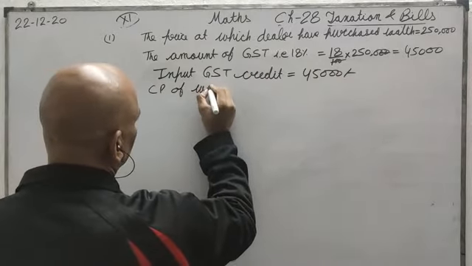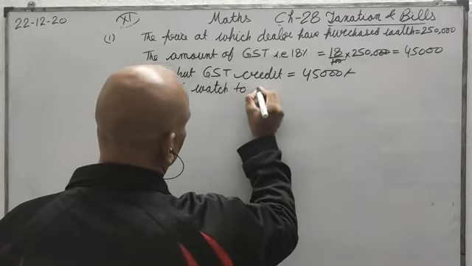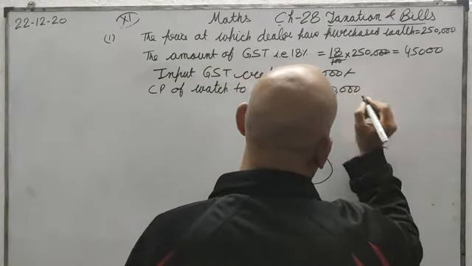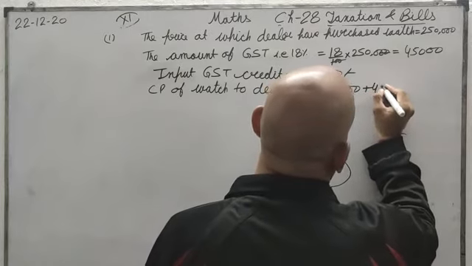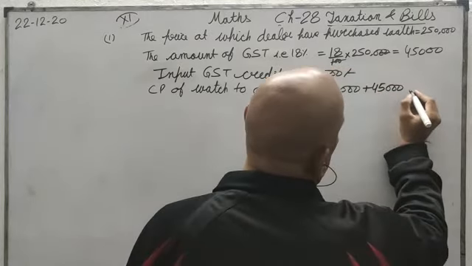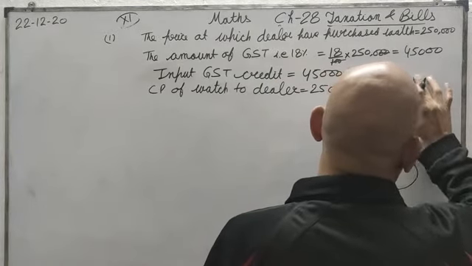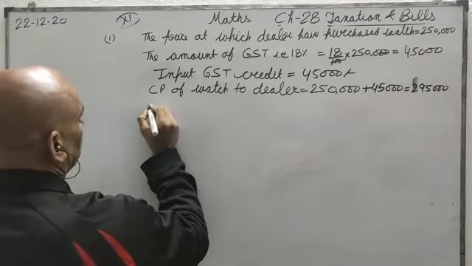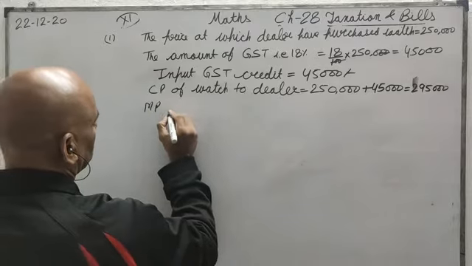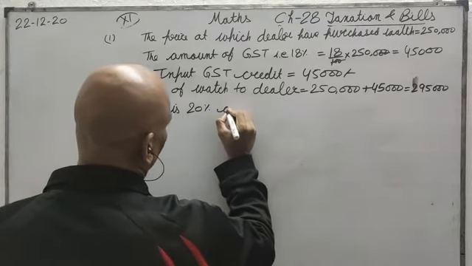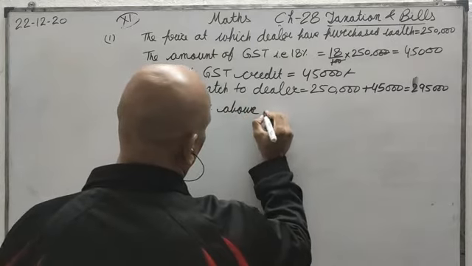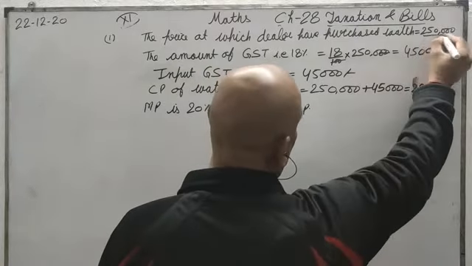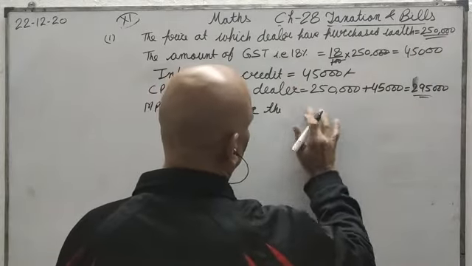CP of watch to dealer is equal to 2,50,000 में उसने लिया और 45,000 उसने दे दिया। 2,95,000 रुपीज तो पे करके ये डीलर ही लेकर आया है इसको। अब marked price is 20% above the cost price. जो उसका cost price है ये नहीं, not this listed price, or we should say listed price.